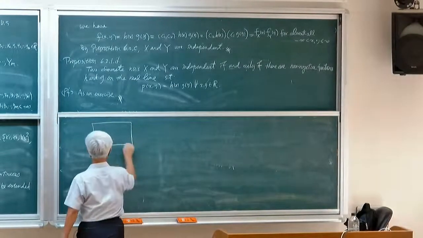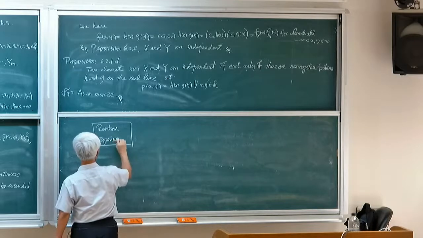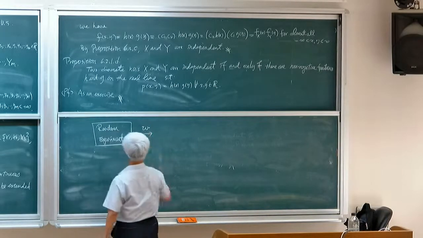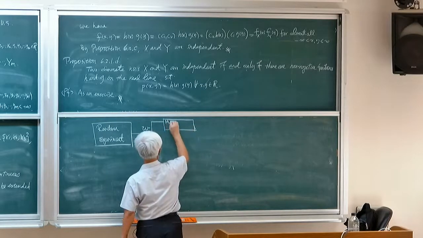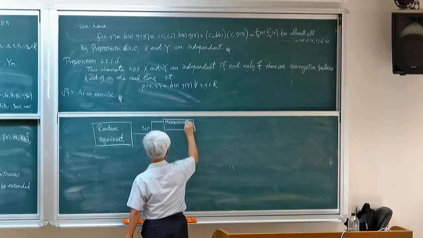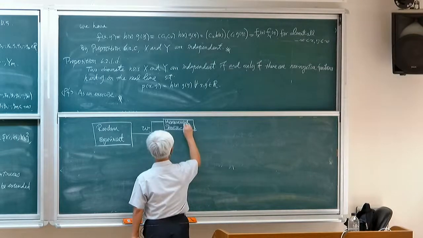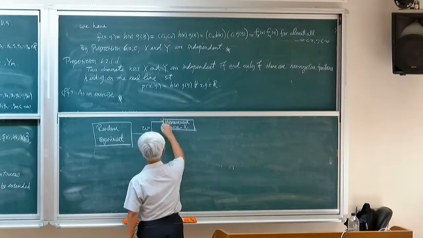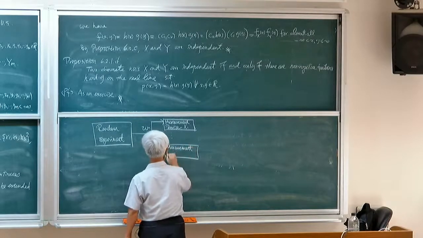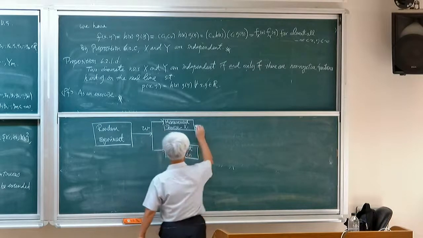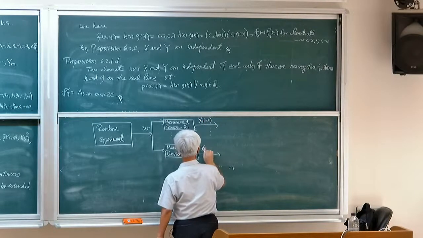So this is our random experiment. You have an outcome, and the outcome will go through several measurement devices, X1 through Xn, so X1 of omega, up to Xn of omega.